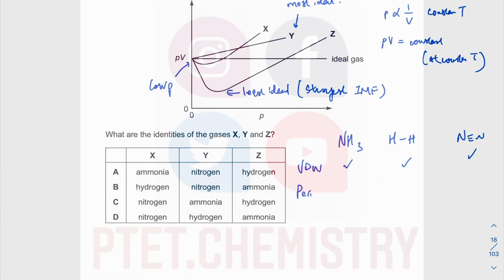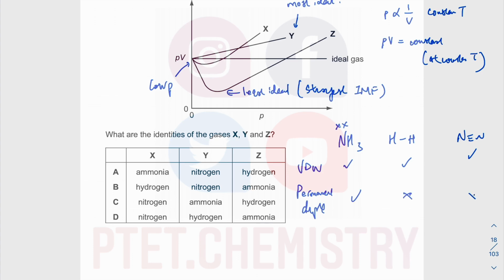In terms of permanent dipole, we know that ammonia is polar because it's got 3 bond pairs and 1 lone pair on the nitrogen. So the dipoles are not symmetrically distributed. The charges don't cancel out, so you get a polar molecule.